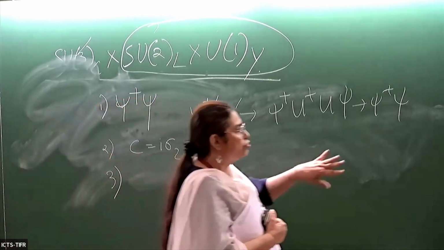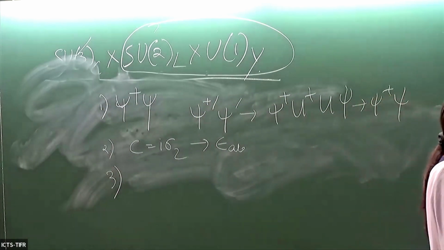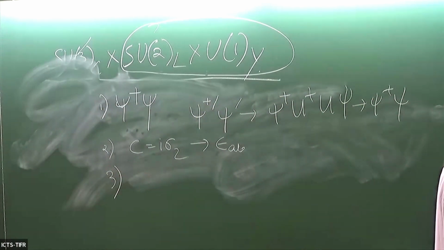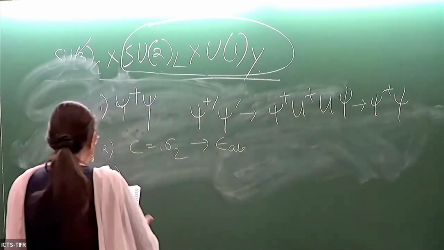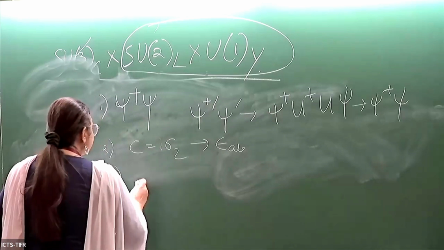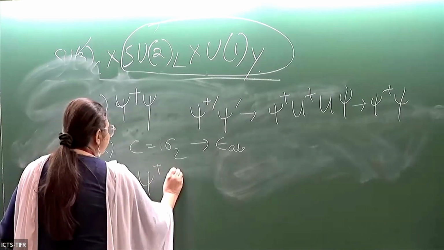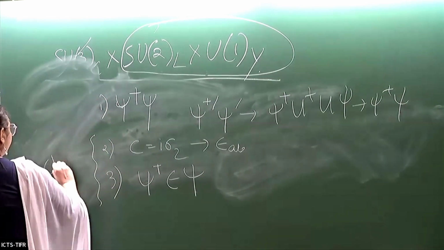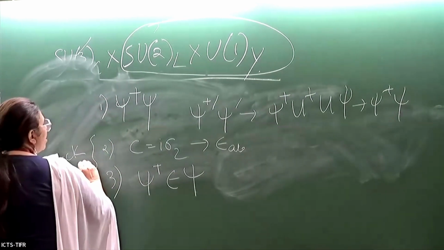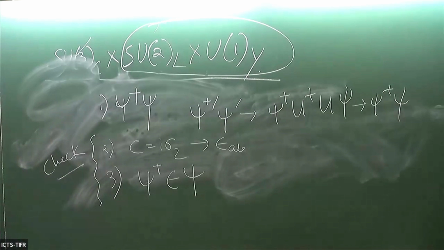Usually you have to write the notation with the covariant and the contravariant, one transforming as U, another as U star, and then you can show it with the index. So another thing which is a singlet is psi transpose epsilon psi. If you have not checked it, or if you have checked it, you can remind yourself if you have forgotten.